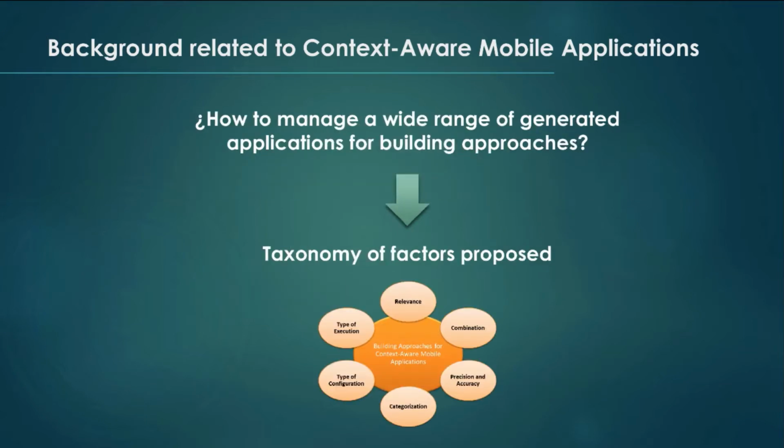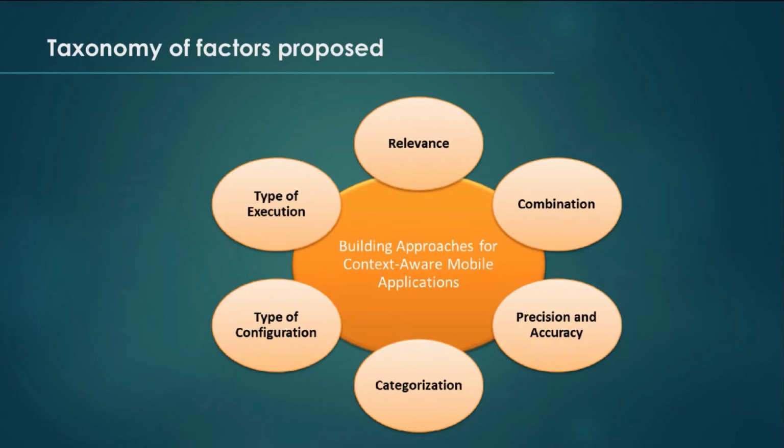In order to solve this kind of problem, we have proposed, in different papers that we have written and presented at some congresses, how to manage this building approach. And the answer is a taxonomy of factors with different characteristics.